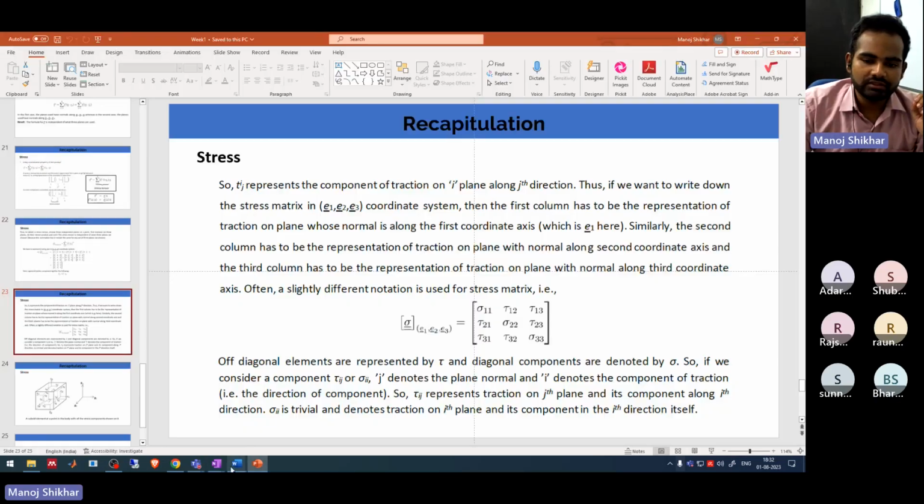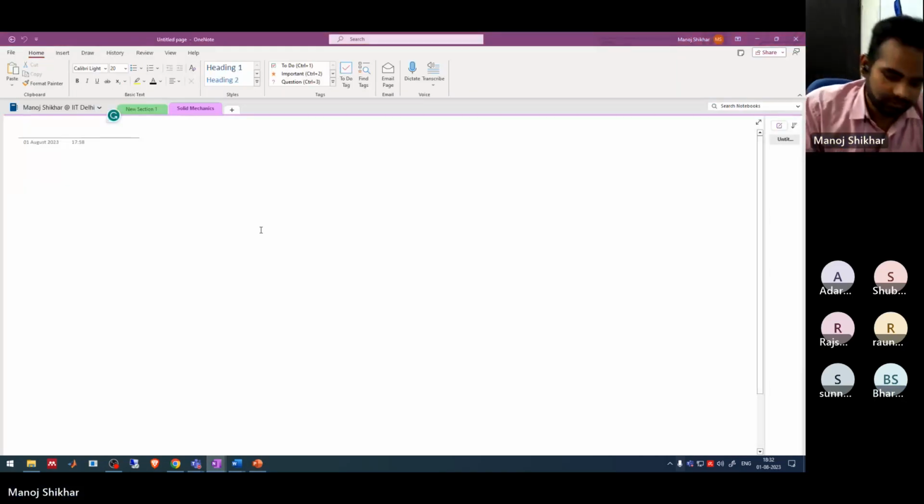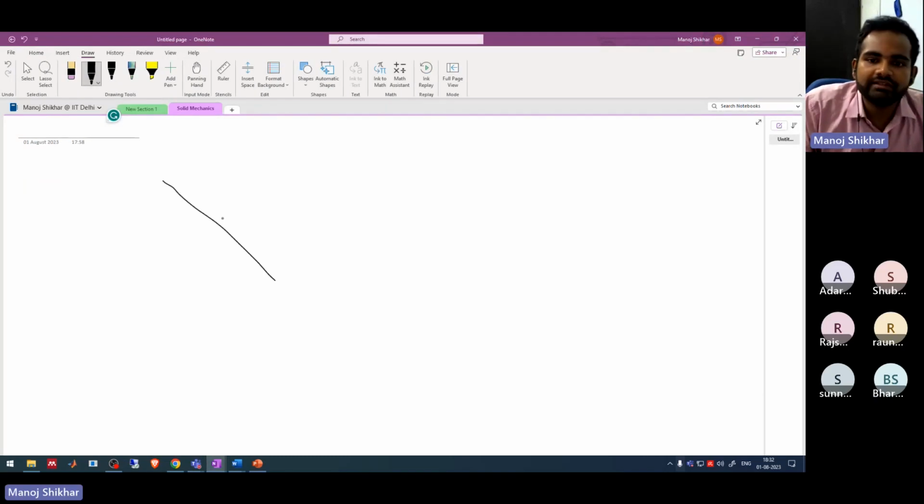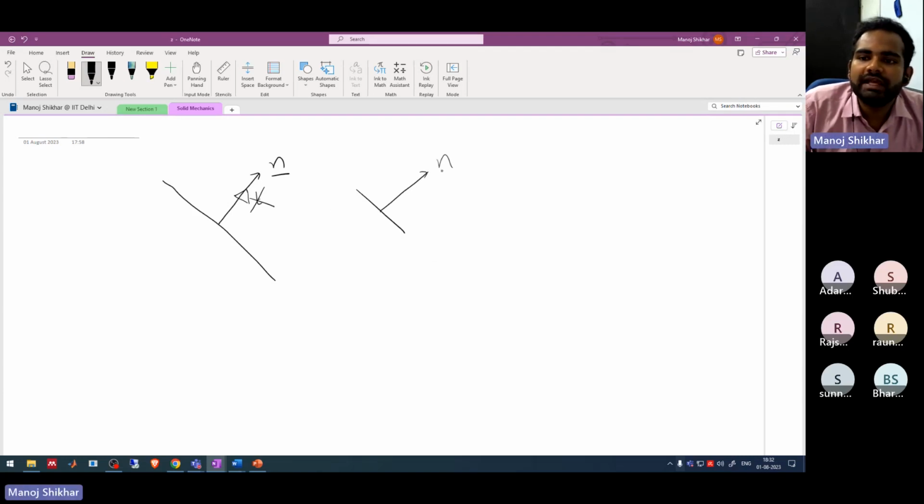See, suppose we have a plane like this. Okay, it has a normal. The traction will not always be like this. This is not true. Your plane is defined using a normal, right? For definition of a plane, you need a normal. This can be the direction of traction.